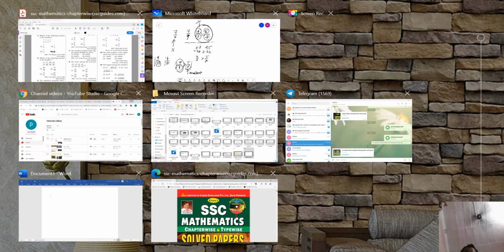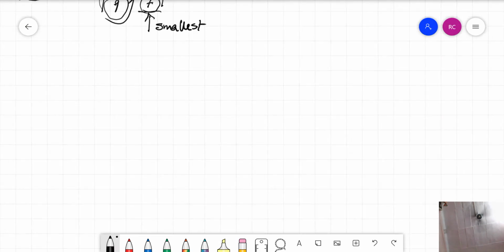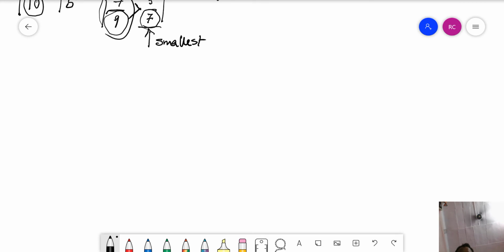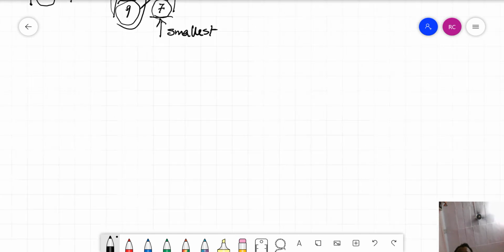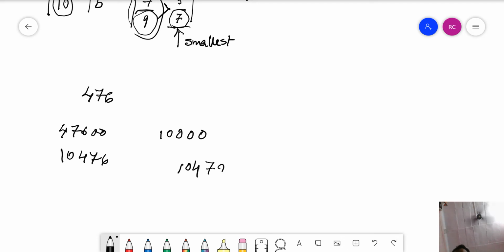Let's get back to the board. So we have to find the smallest number of 5 digits divisible by 476, and the options are 47600, 10,000, 10476 and 10472.